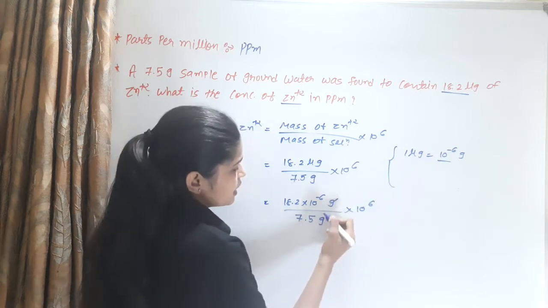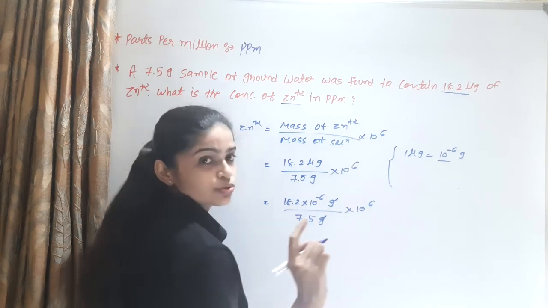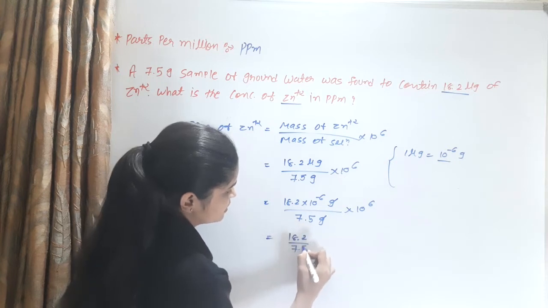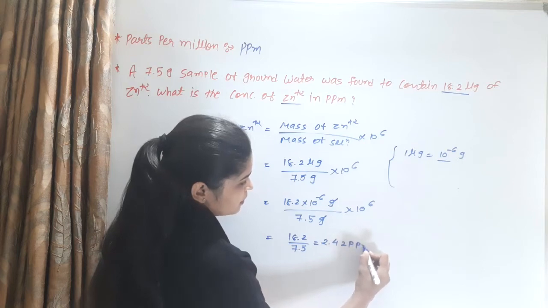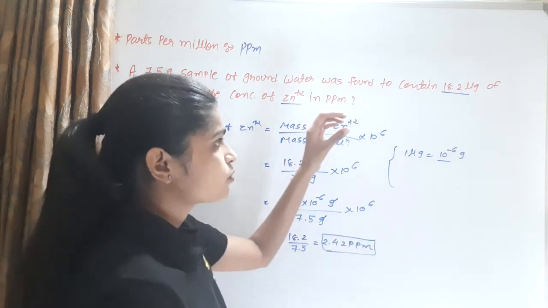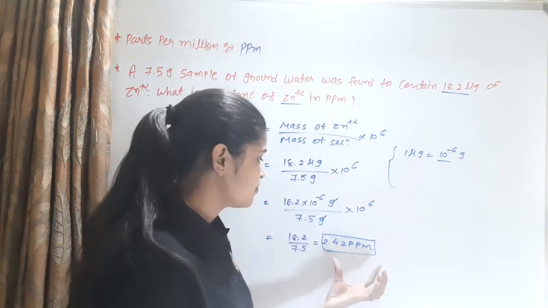So gram cancels out, and 10 raised to minus 6 and 10 raised to 6 is equal to 1. That way the answer is 18.2 divided by 7.5, which is equal to 2.42 ppm. That way we find the concentration of a minute amount of solute in ppm value.